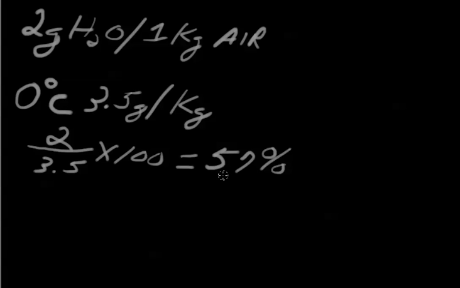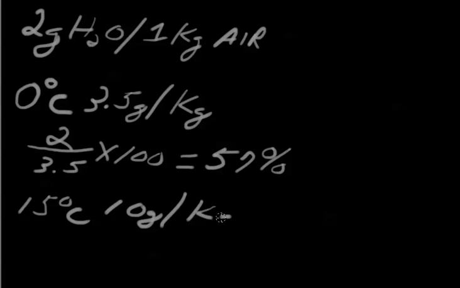Well, let's kick it up to 15 degrees Celsius. At 15 degrees Celsius, the amount of water vapor in the air for saturation is 10 grams. This is the value that is given. So we can do the math again. Remember, we are holding this amount up here constant. That stays the same.